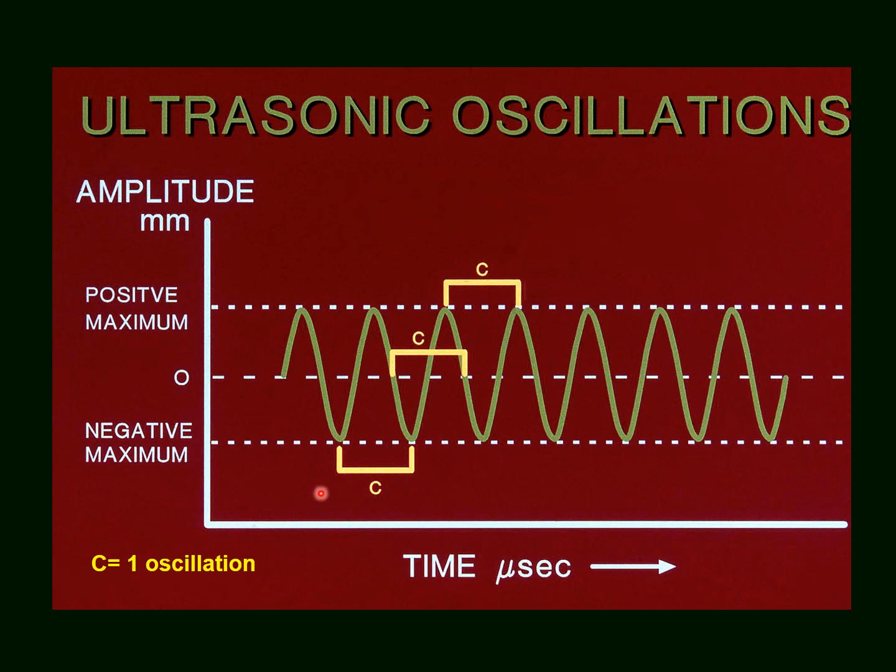When we look at the baseline here, the time base given in microseconds at the bottom, and the ordinate, the amplitude in millimeters, then we see that a particle oscillates up to a positive maximum amplitude, down again through the baseline to a negative maximum amplitude, and so on.